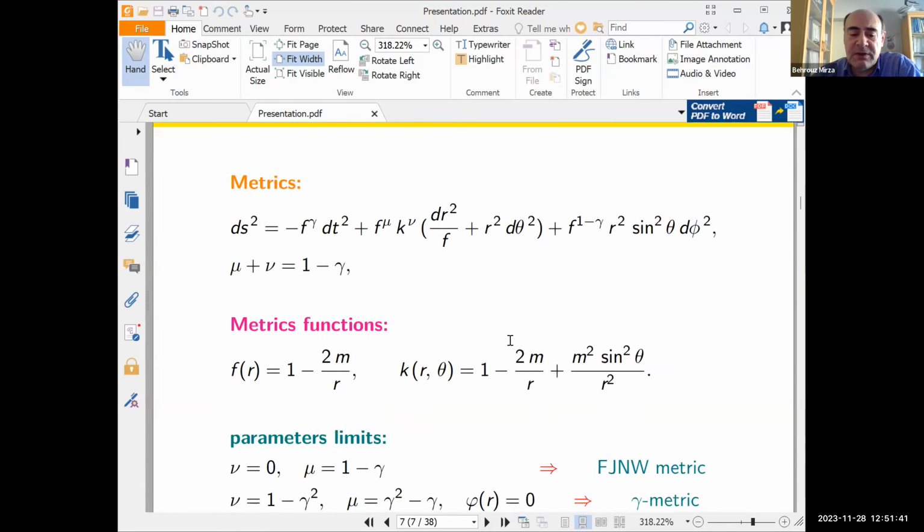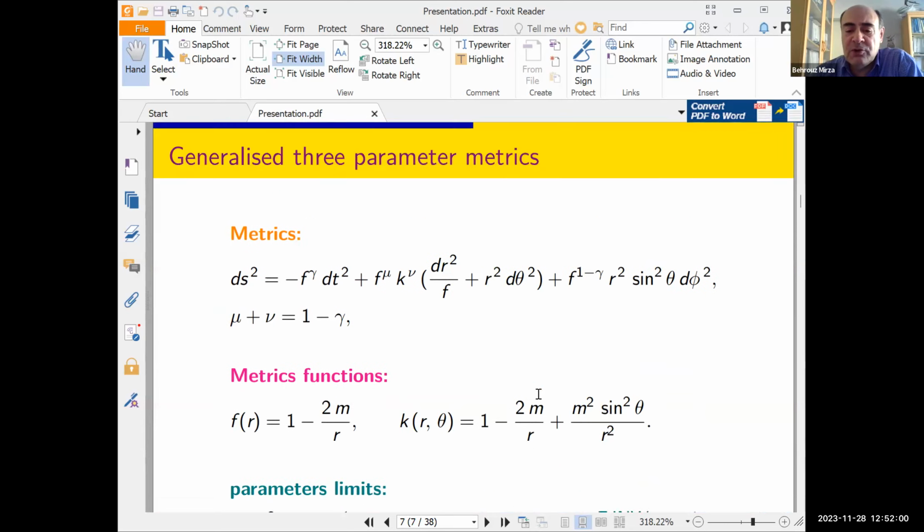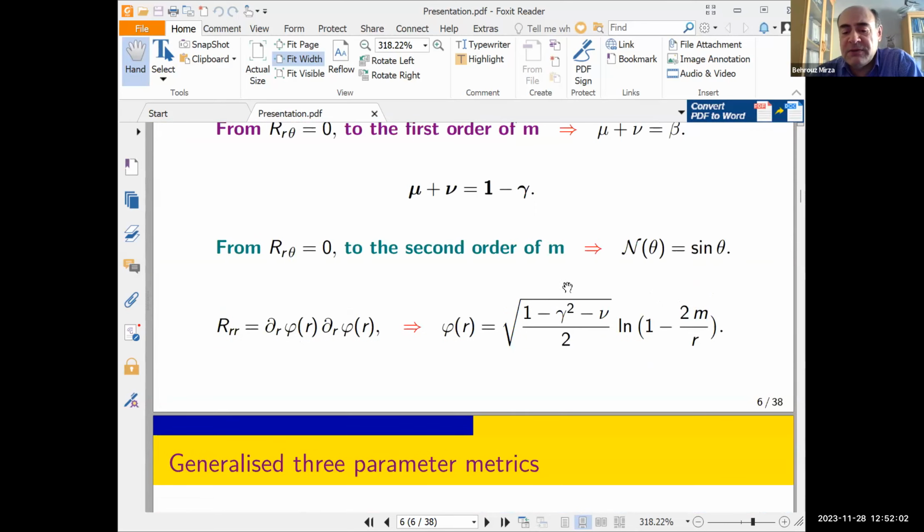The gamma metric is defined by a set of parameters, if we choose nu equal to (1 minus gamma)/2 and mu equal to gamma to the power of (2 minus gamma) and phi equal to 0. You see that phi becomes 0 if this coefficient nu is equal to (1 minus gamma)/2.